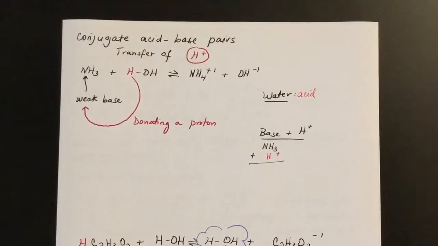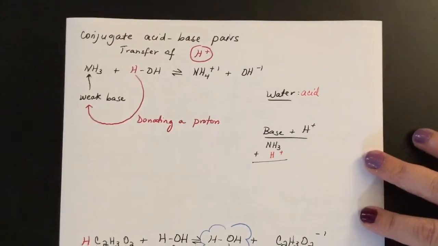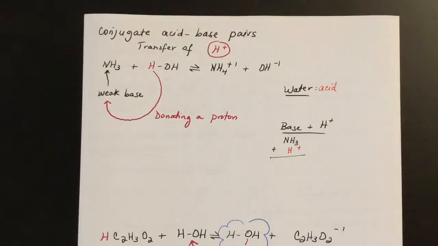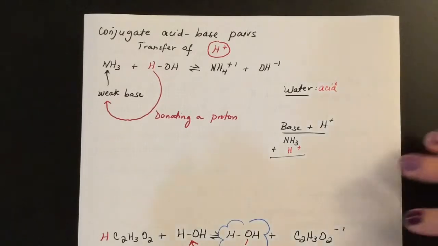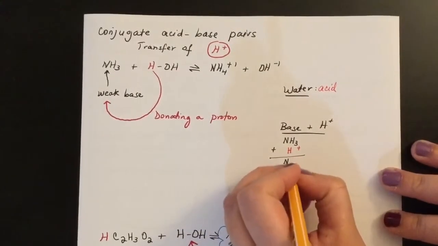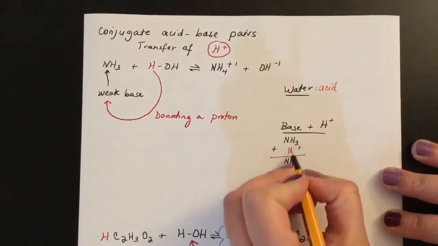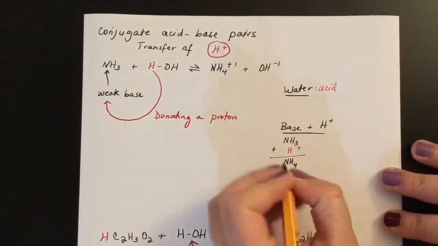So I'm literally adding NH3 plus H plus. So for your NH3 molecule, you don't have a charge, that's a 0. And now you're adding your proton with a positive charge. So this is like adding 0 plus positive 1, which is going to give you an overall charge of positive 1. Three and 1 here, that will be NH4.